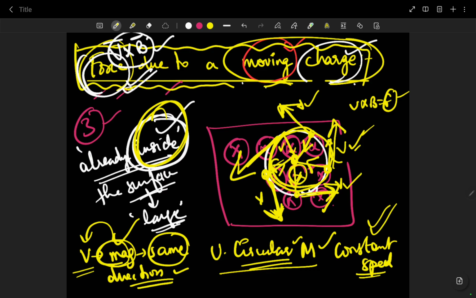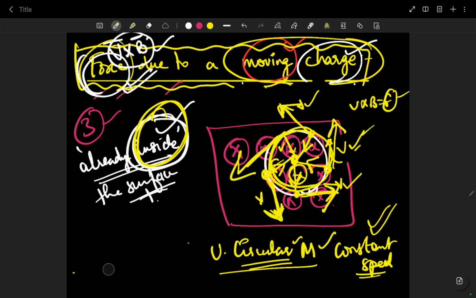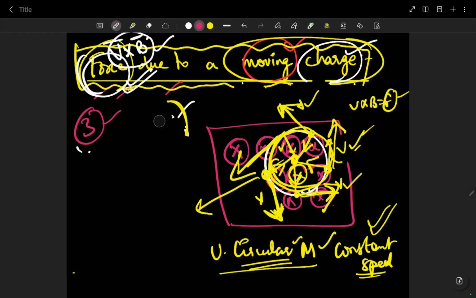Which means now this force is actually acting towards the center, right? This force, if you see on this circle, I'm going to draw it again. On this circle, if you see, this has become an oval. I need some more space.